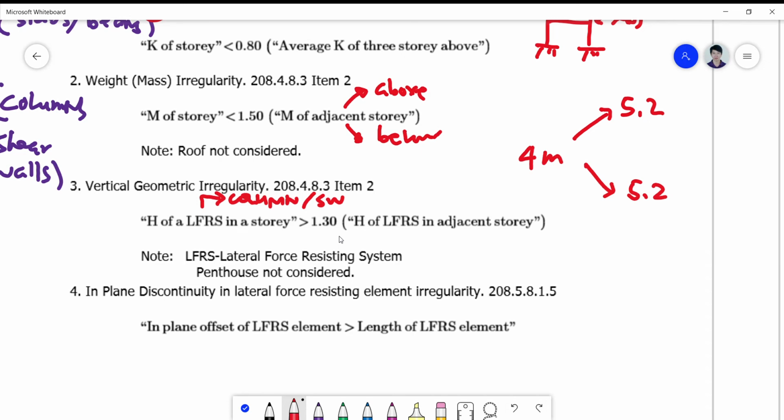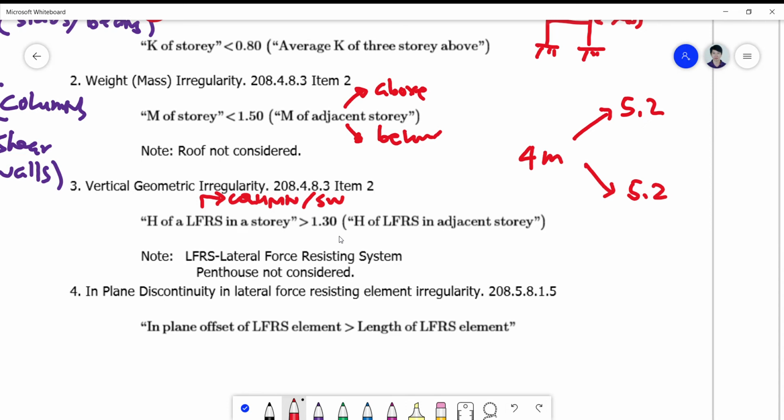And the National Structural Code of the Philippines is a law that serves as guidance for each and every structural engineer to follow. Okay. So note that the LFRS, lateral force resisting system, does not mean a penthouse as a part of your story.